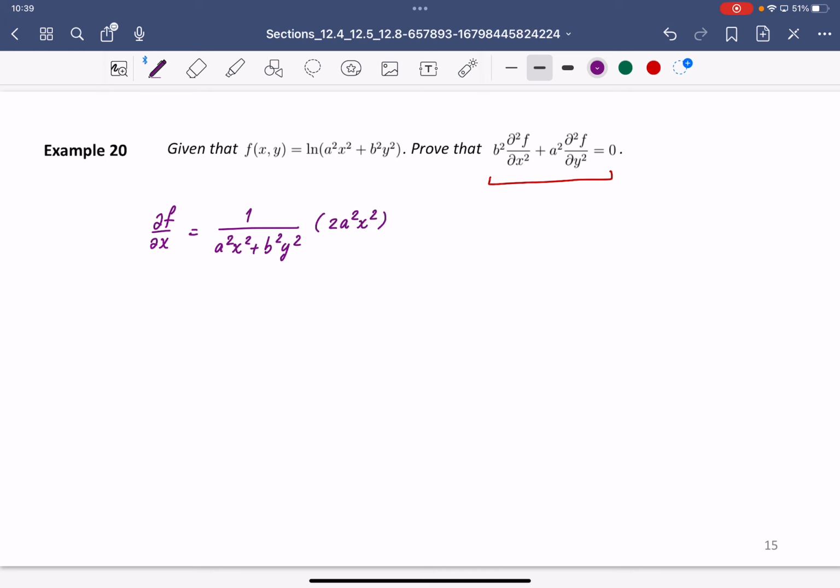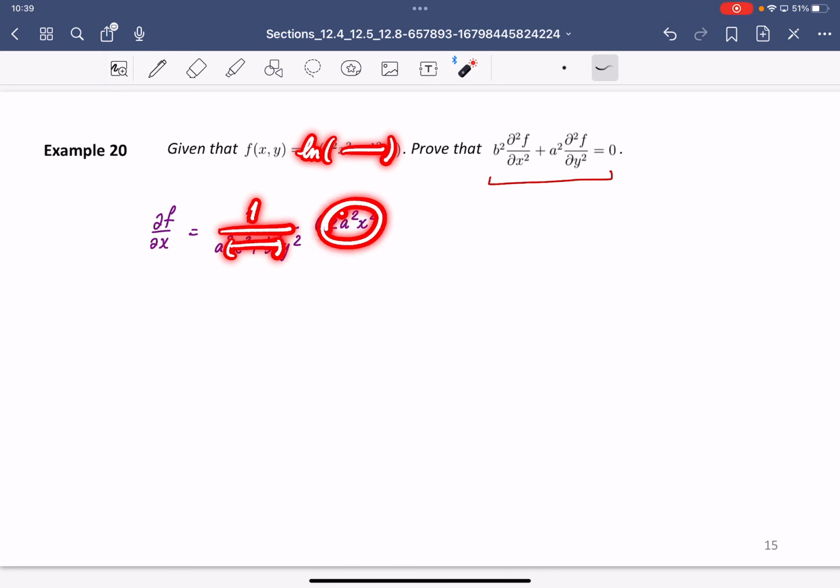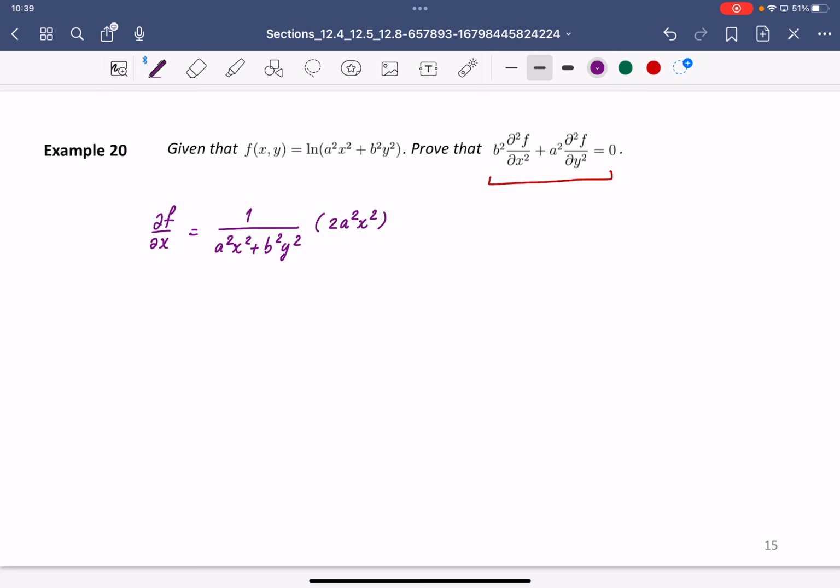Does it make sense? You differentiate the logarithm of some function, so you get 1 over that function, and then the inner function differentiated with respect to x. So you get here 2a squared x over a squared x squared plus b squared y squared.